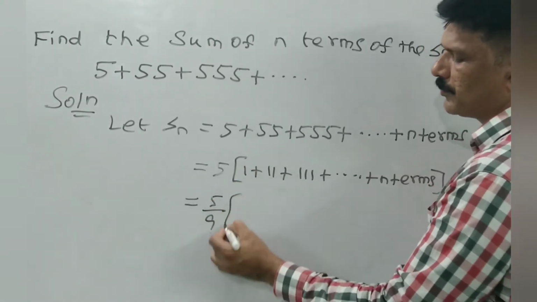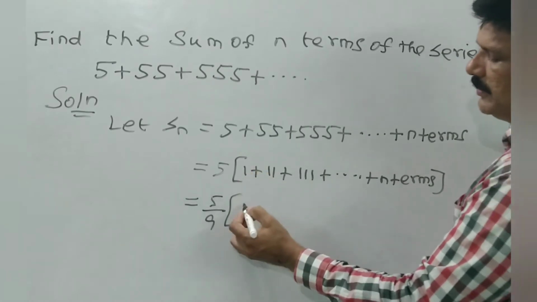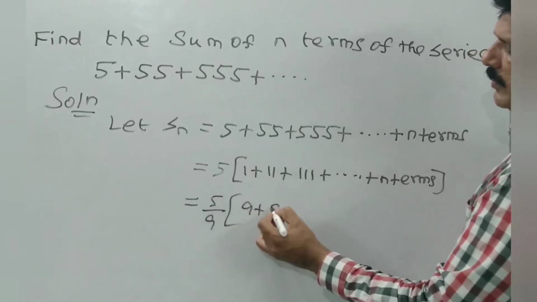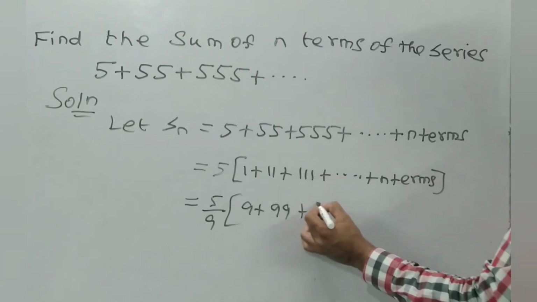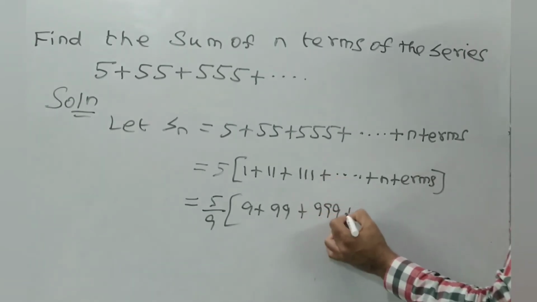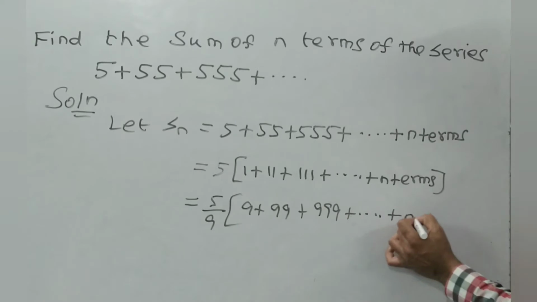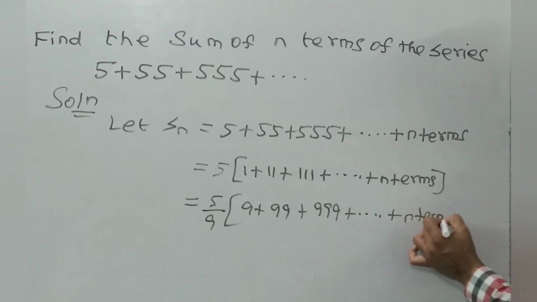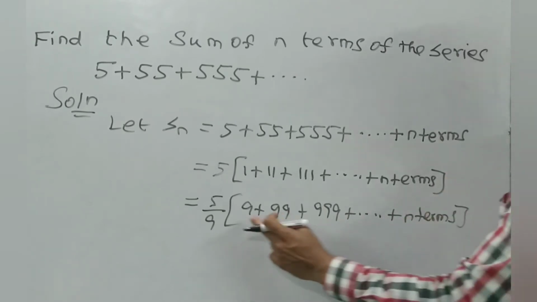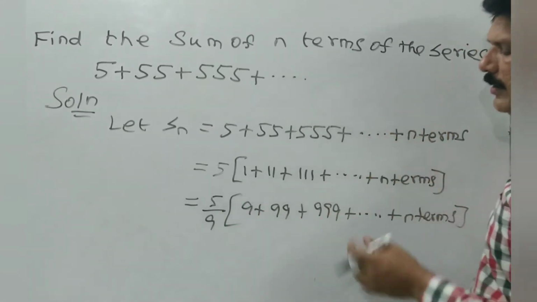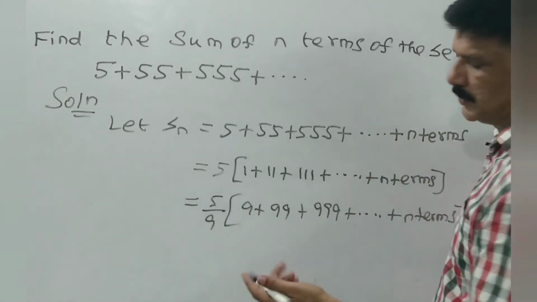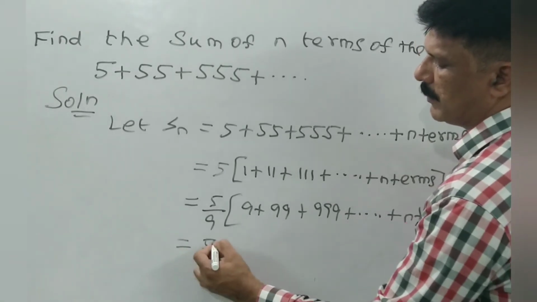Multiply 9 ones are 9. 9 into 11, 99. 9 into 111, 999 plus etc. up to n terms. Here multiply by 9 and divide by 9, 9 by 9, 1. There is no change in values. 5 by 9.